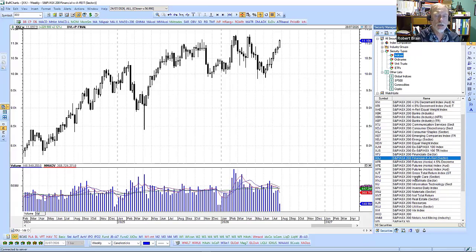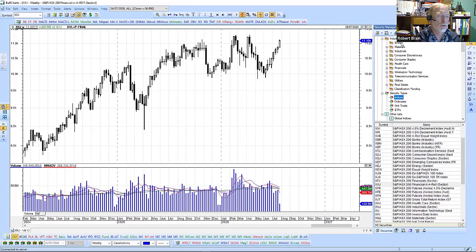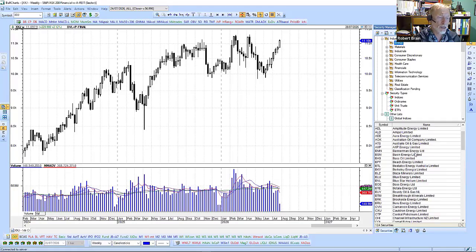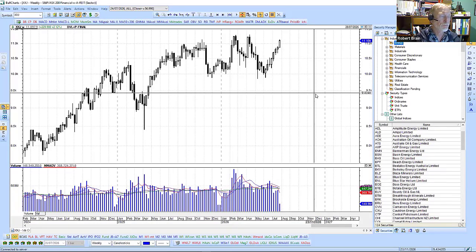So by sector, now don't forget, these subsectors are securities within the XJO. It's not the whole of market. If you want to look at the whole of market, you need to go up to industry groups where you can see all of the energy stocks. We just can't see all of those aggregated together.